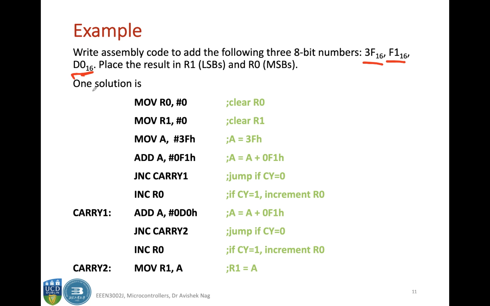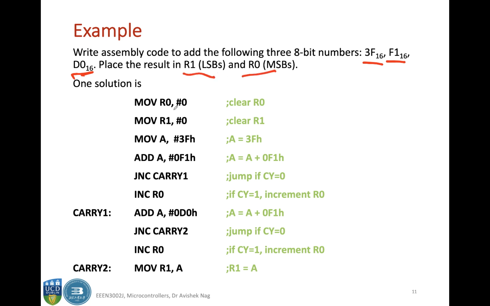You can use the concept that is shown in the last program and extend it further to add any numbers that are 8-bit, but the final results may be more than 8 bits. So here also you see that the result will be stored in R1 and R0.